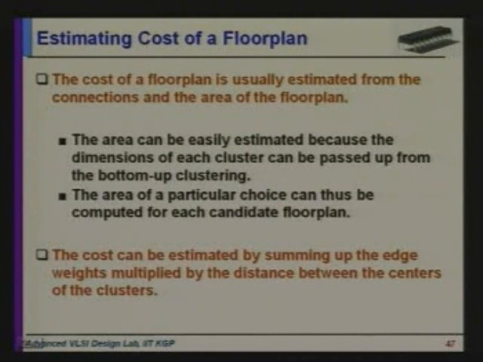And the cost can be estimated by summing up the edge weights multiplied by the distance of the centers of the clusters, right? The edge weights between the clusters I know, and the distance I also know. What I want to minimize is the total cost of the interconnect, so the summation of that will give me the cost of the floor plan. The distance and the weight both I need to consider, and I need to minimize that. Okay.